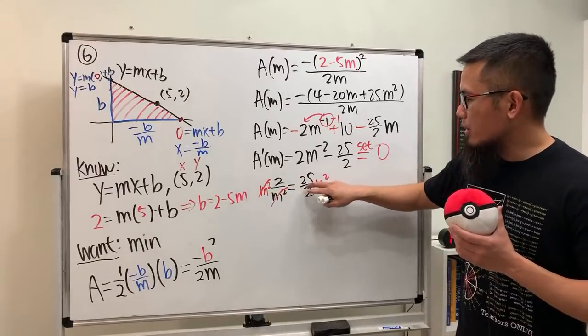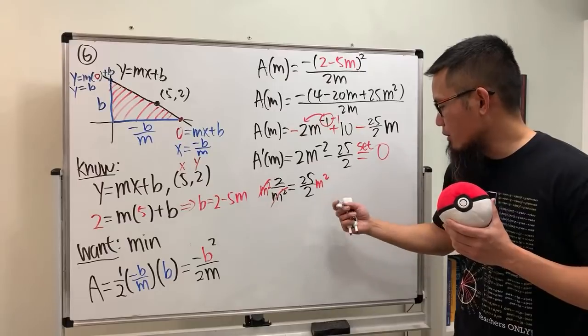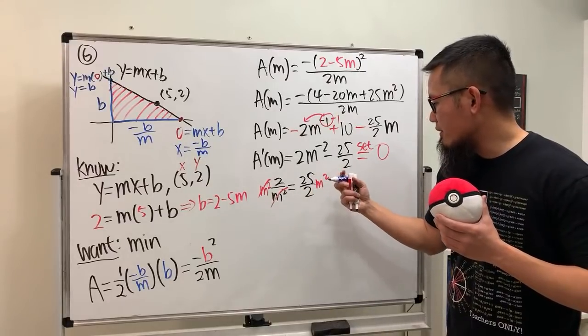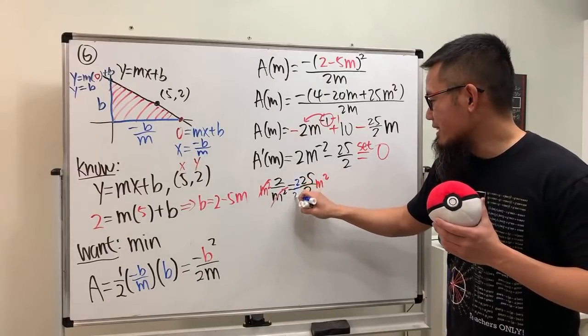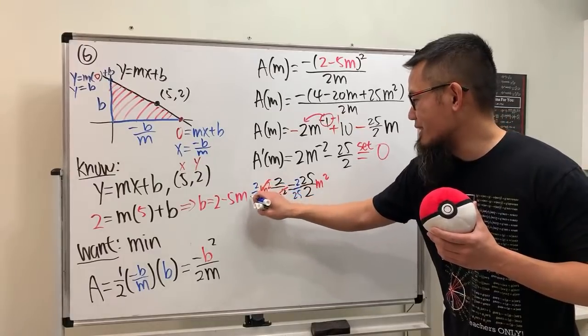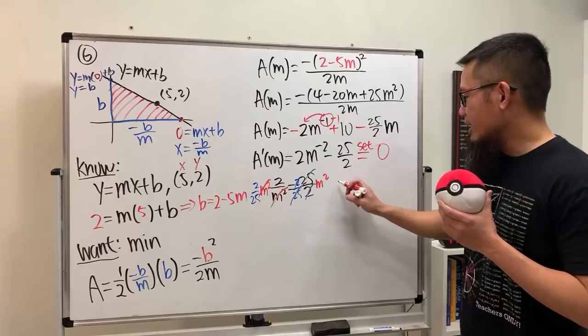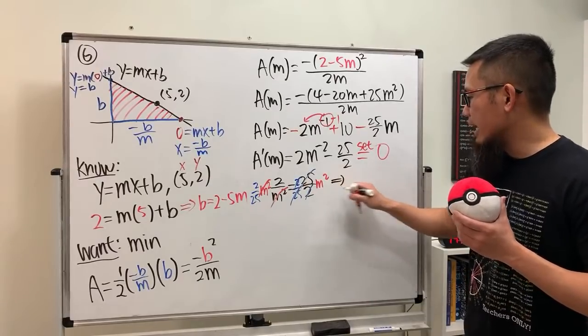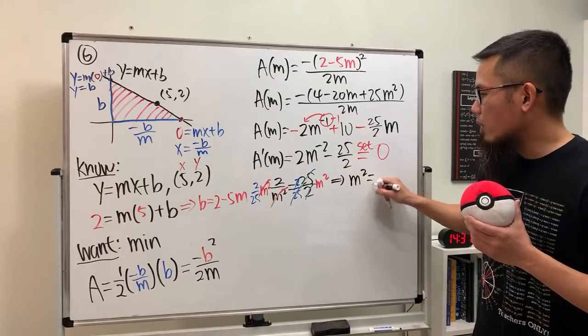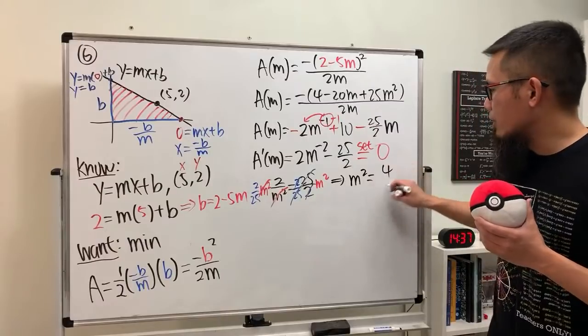And then I'm going to multiply the reciprocal of this on both sides. So 2 over 25. Maybe this is not the best way to do it, but I am doing it already, so just kind of bear along. Anyway, this gives us m squared equals 2 times 2 over 25.